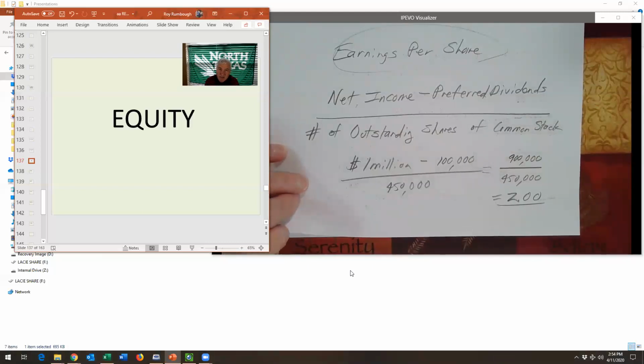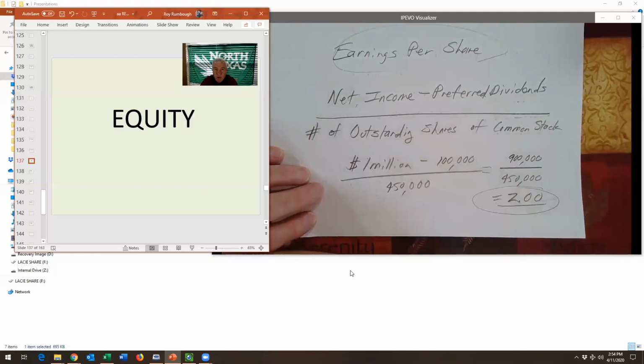This metric really matters. It's the only ratio, and we talk about a lot of ratios in the class, that is required to be included on the face of the income statement. Analysts at Wall Street, people tracking the company, are highly focused on earnings per share. When I know the earnings per share, I can compare it to the price of the stock per share on the New York Stock Exchange and create multiples.